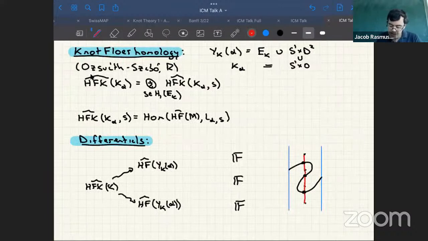Okay. And another important feature of the knot Floer homology is that it has differentials on it, which specialize from the knot Floer homology to HF hat of the manifold where we forget the knot and just Dehn fill.